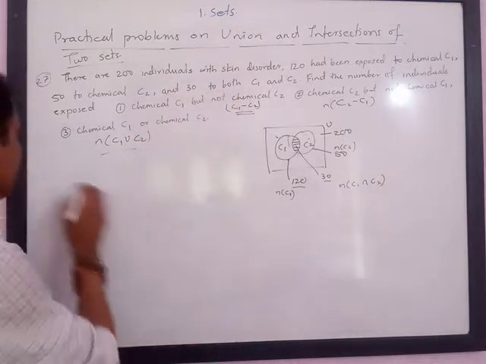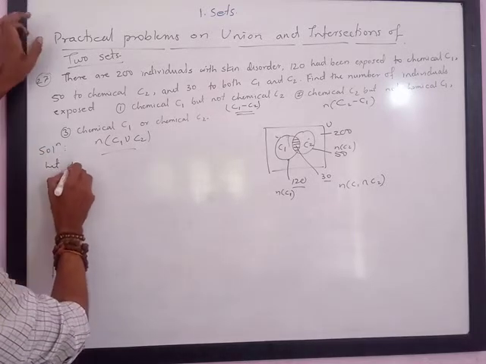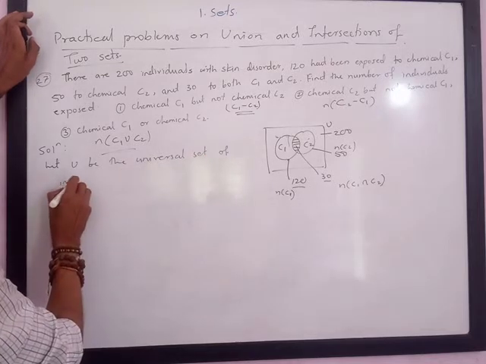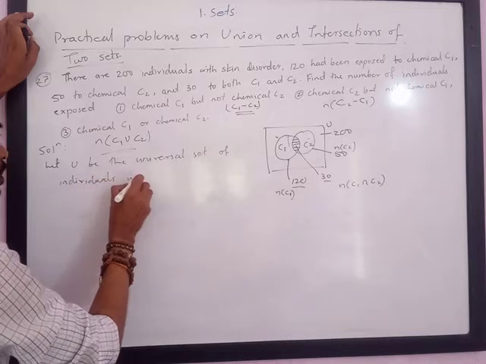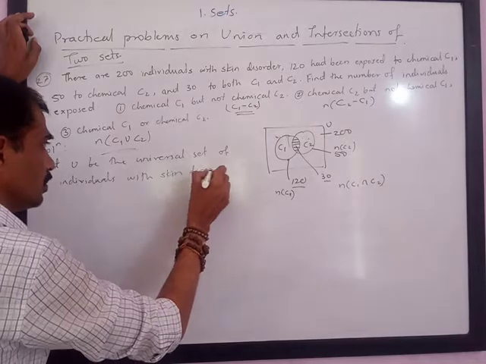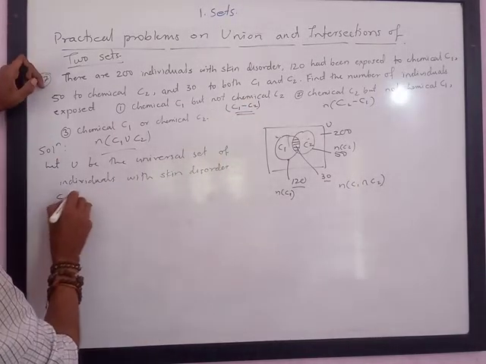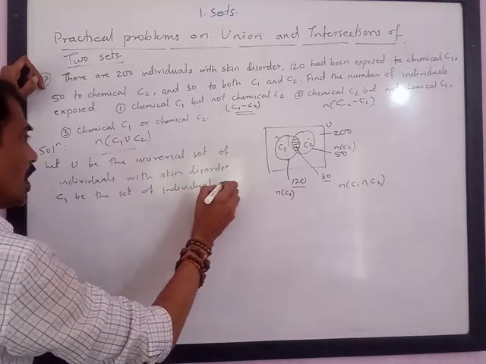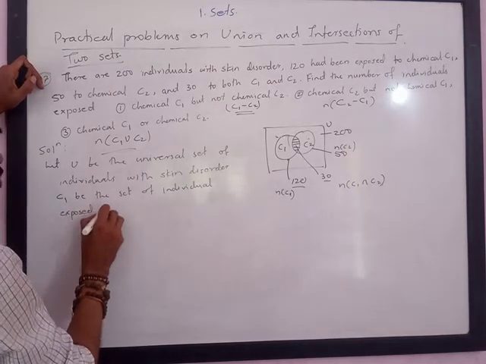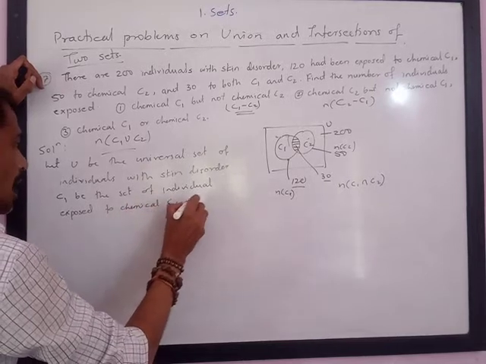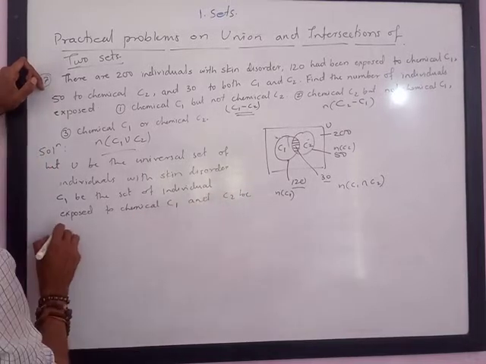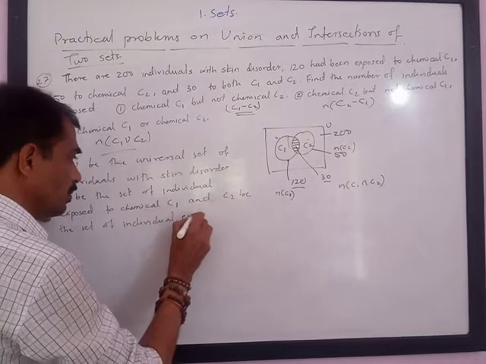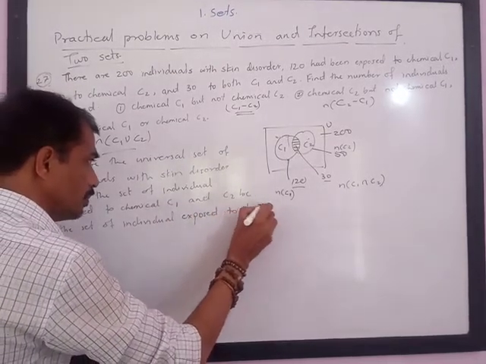So let us solve this question. Let U be the universal set of individuals with skin disorder, and C1 be the set of individuals exposed to chemical C1, and C2 be the set of individuals exposed to chemical C2.